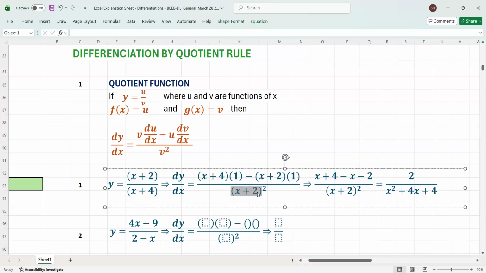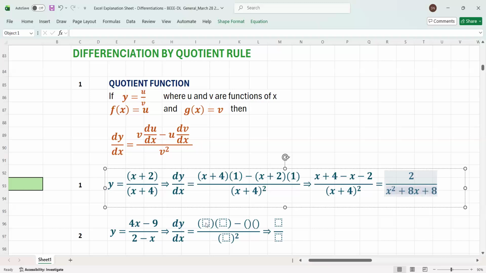Is it supposed to be x plus 4? Oh, sorry. Yes, you're right. So it's x plus 4 squared. So this should be 4x plus 4. That should be 8x. Sorry about that. Okay, thank you for the correction. So x squared, 8x, and then plus 8.